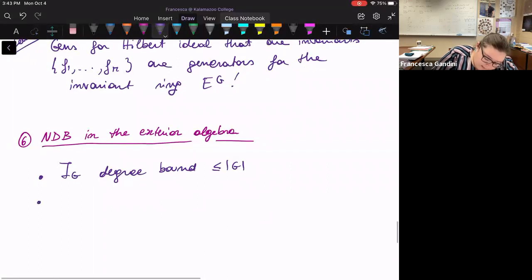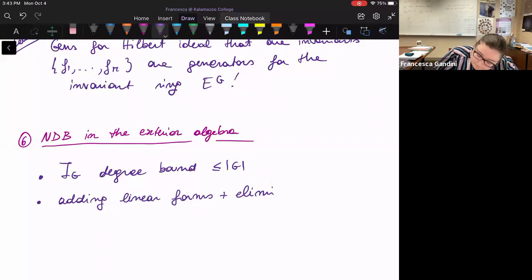And then adding linear forms plus the elimination ideal does not change the degree bound.